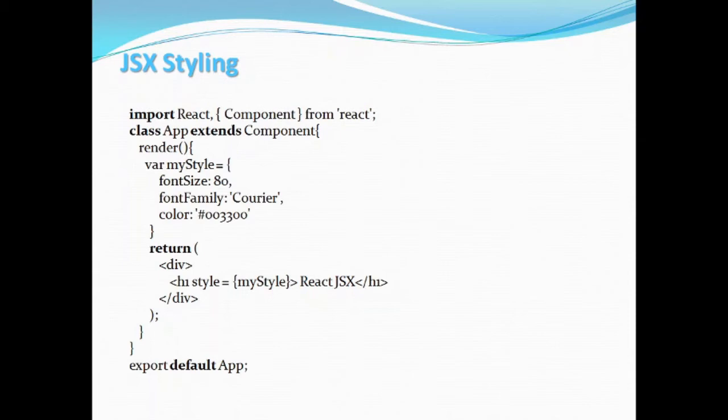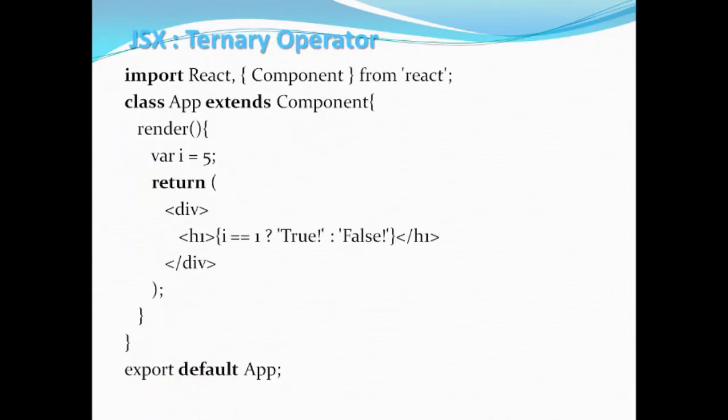JSX also supports integration with CSS, Bootstrap, and jQuery for animations. For simple CSS classes in JSX rendering, we can create either inline CSS style, or our own CSS classes and apply them to our JSX elements. This we will see practically.